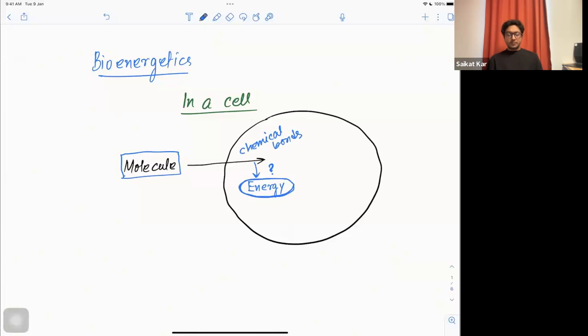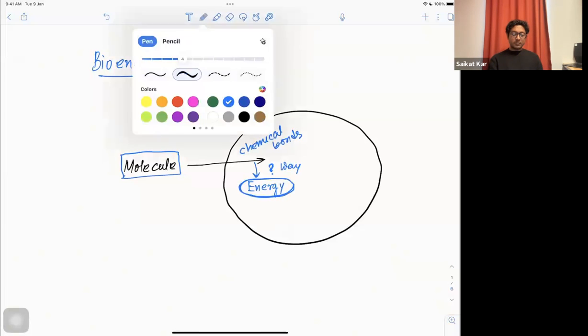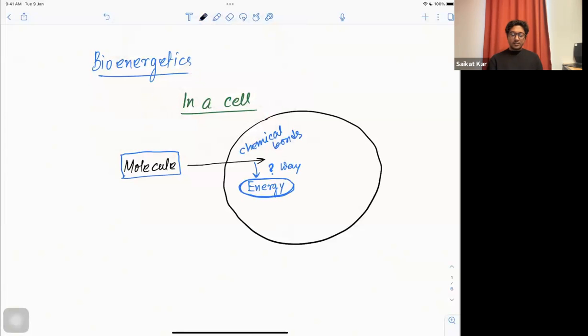So there should be some way. And this energy can be directly used by the cell, or it can be stored.